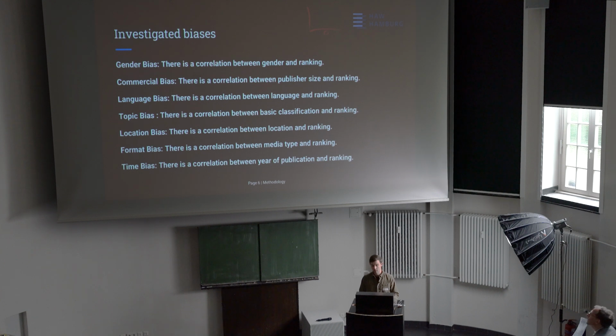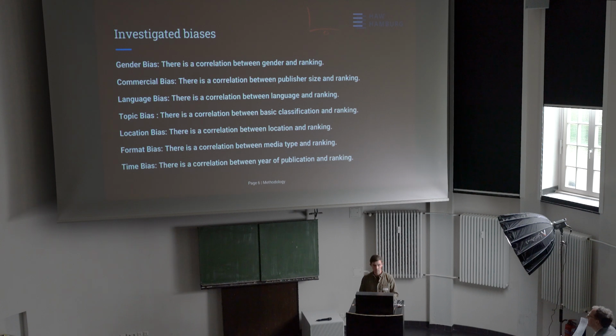Commercial bias means the publisher size is correlated with the ranking position. Language bias means the language of the book. Topic bias, location bias, format bias. Format means electronic or printed books or articles. And time bias is also important.